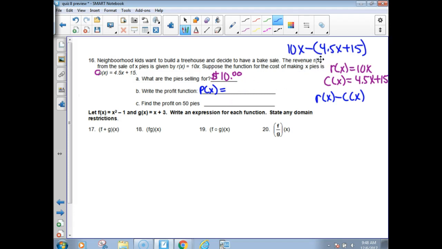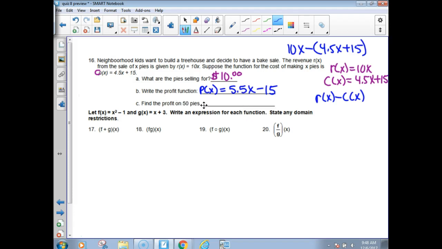Okay, so what's 10X minus 4.5X? Well, that's 5.5X. And then don't forget, here's where most of the mistakes came from on that quiz. When you subtract this, you're not adding 15, you're subtracting 15. You got to distribute the minus sign. Okay? All right, so this is what I expect for your profit function, a simplified function.